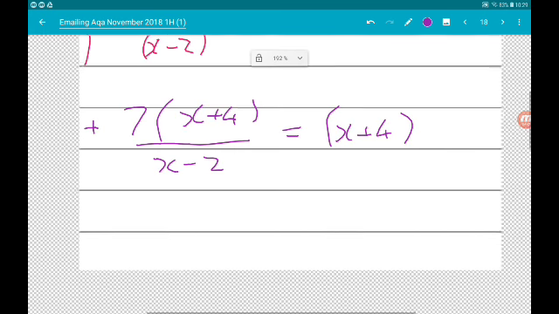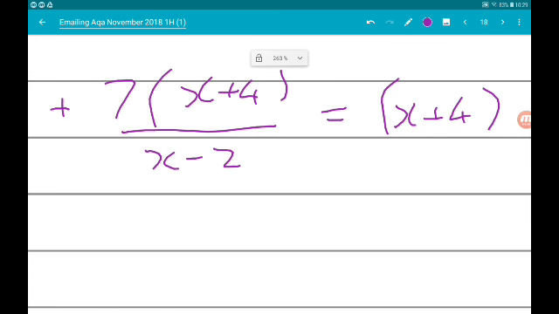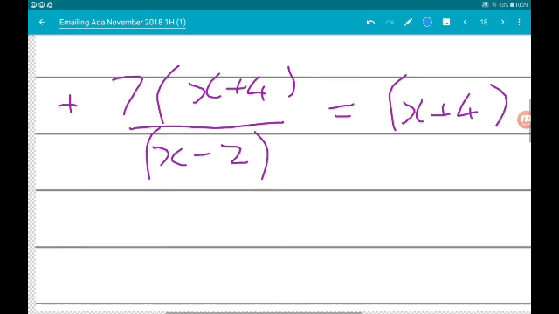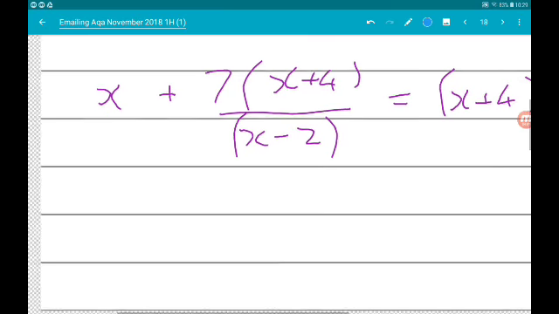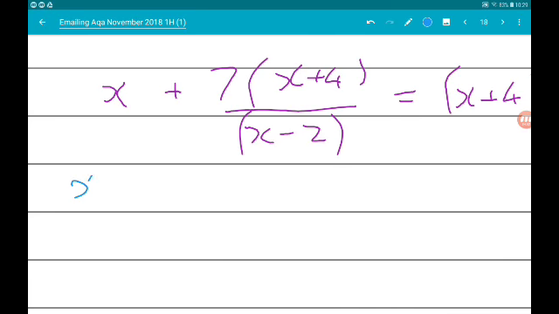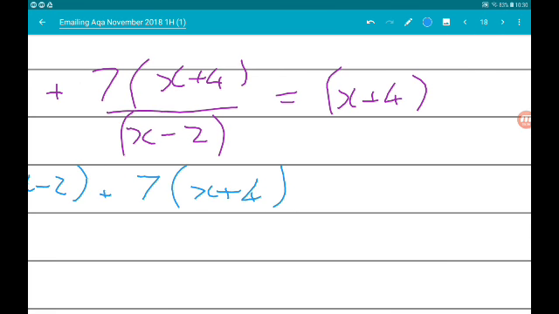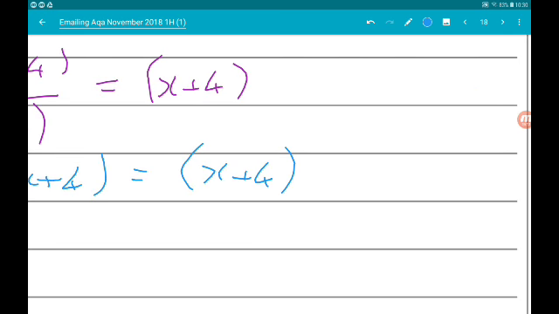Now I'm going to do the same with x minus 2. So if we multiply everything through by that, we get x times x minus 2, add 7 lots of x add 4 is equal to x add 4 times x minus 2.